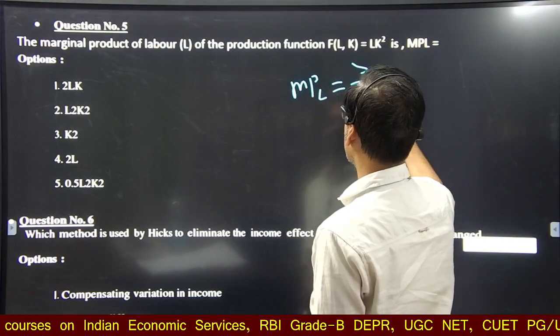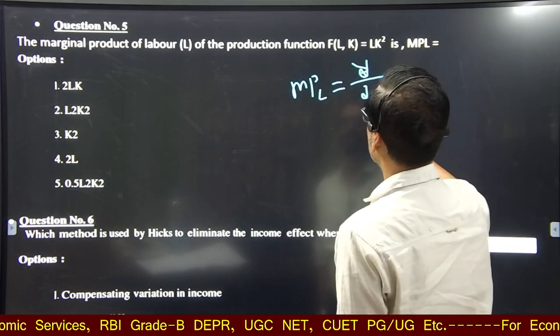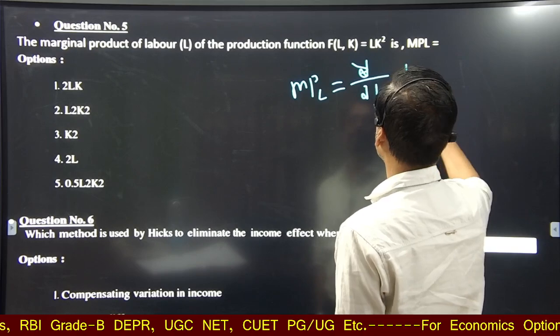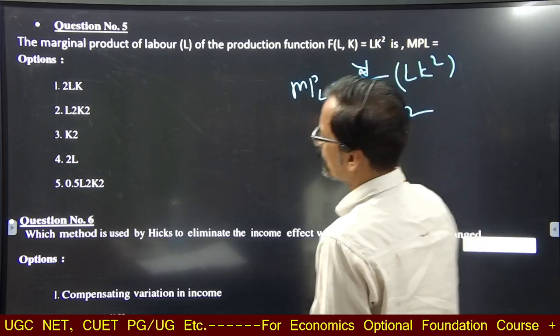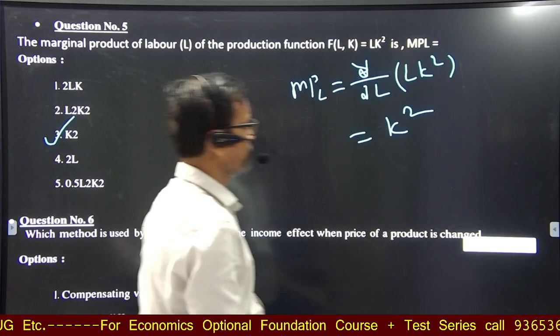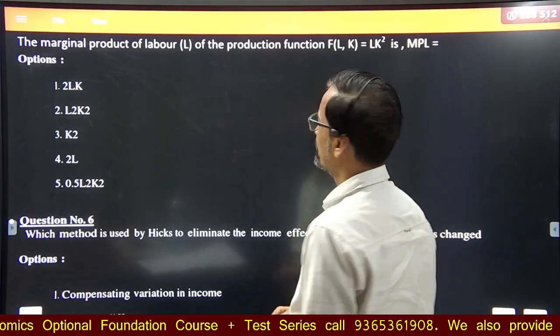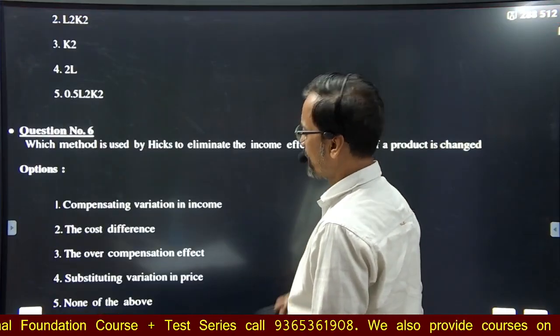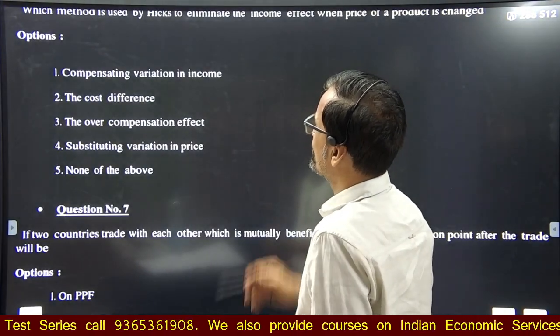When we differentiate the production function with respect to labor, L k square, the result is k square. So the correct answer is k square. Just differentiate the production function with respect to labor to get the marginal productivity of labor.